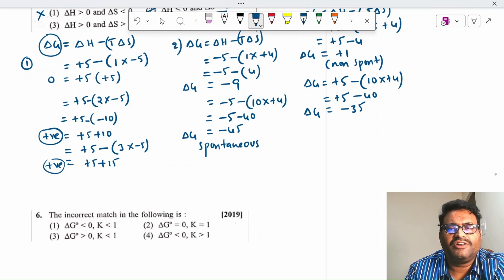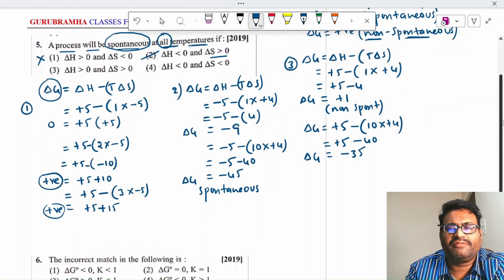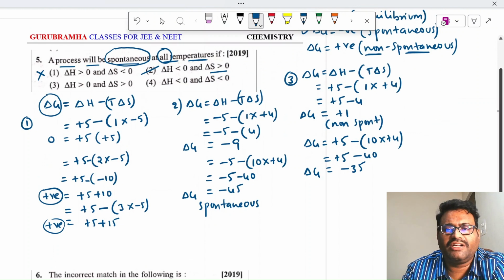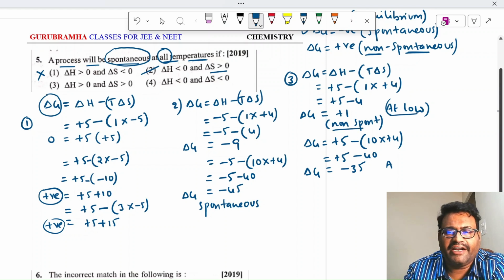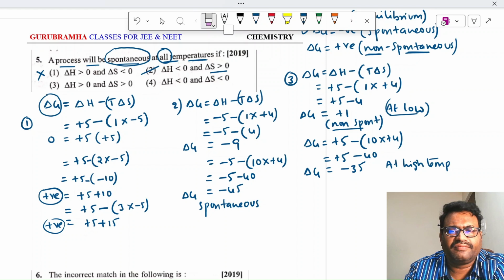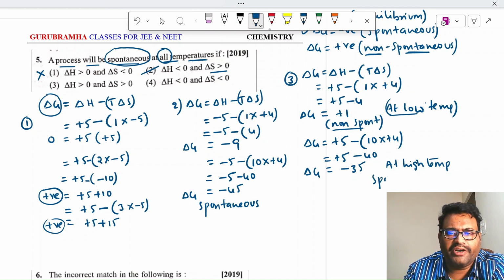So that means at lower temperature, it is non-spontaneous, but at high temperature, it is spontaneous.